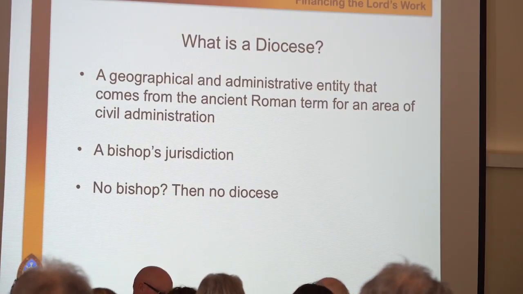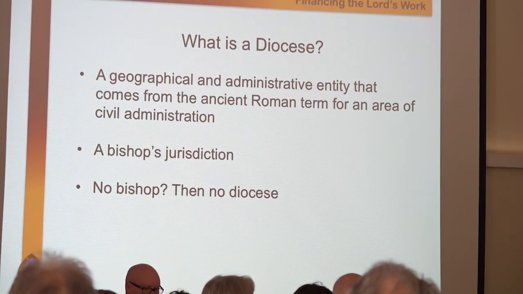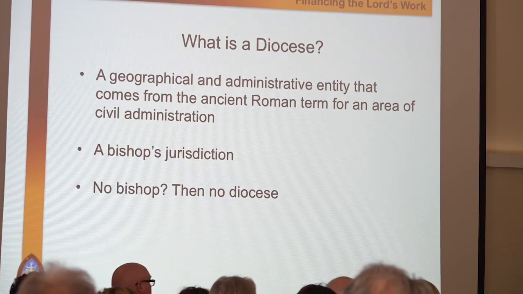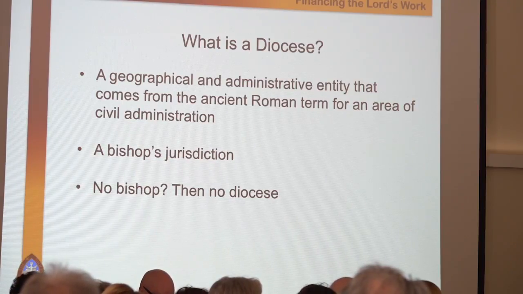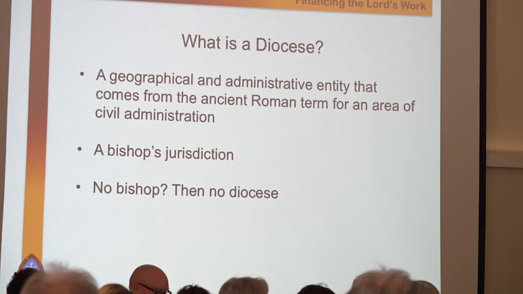There's a prize at the end, not really, but if anybody would like to name the 2, feel free. A little contest here by the end of the afternoon. All but 2 places in the whole world, all dioceses are decided by geographic boundaries, and they're an administrative entity.